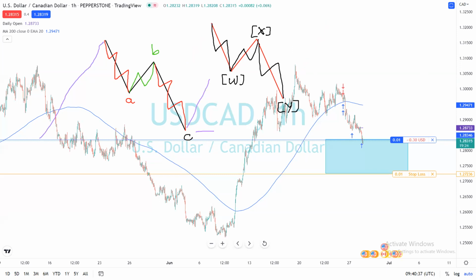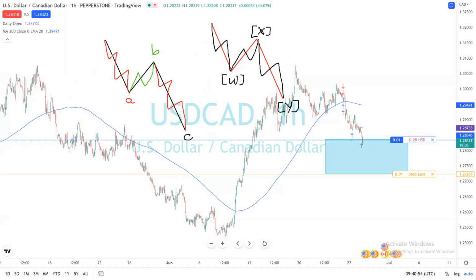Okay, that being said, there are also some important Fibonacci levels that I should share with you guys. So if we are looking at a zigzag, there is really no guideline as to how long wave A should be.